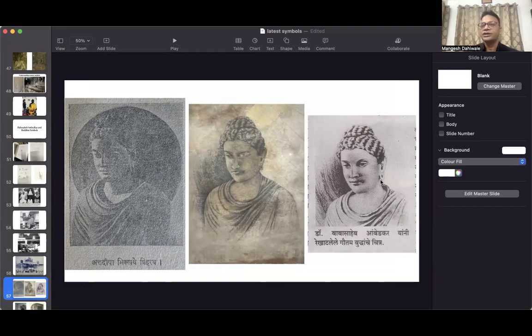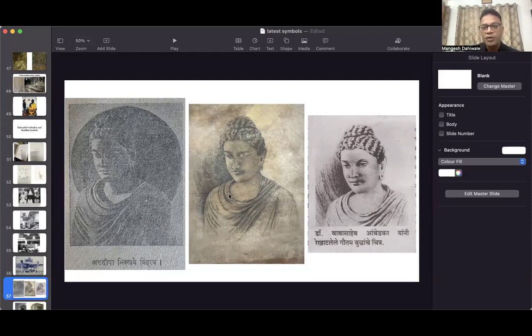One was done by some European who was living in Goa on the request of Baba Sahib Ambedkar. Vamanrao Godbole Sahab told me personally that the middle image was drawn by Baba Sahib Ambedkar himself, and this was in his possession. And in his book, he mentions that he has seen Baba Sahib Ambedkar working on this image, and he says that he found the most beautiful Buddha image which Baba Sahib Ambedkar was sketching.